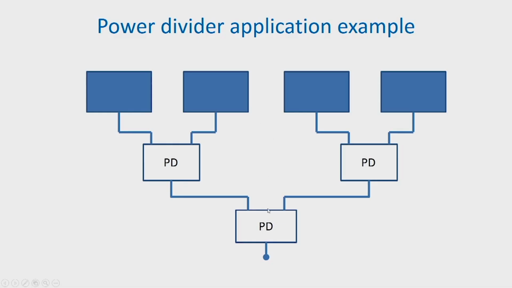So, we see that in practical systems, such as an array antenna, this type of power dividers are extremely useful. One particular form of power divider is very useful. It is called a T-junction power divider.